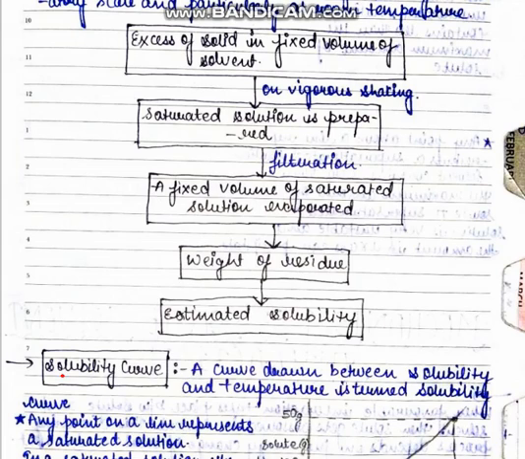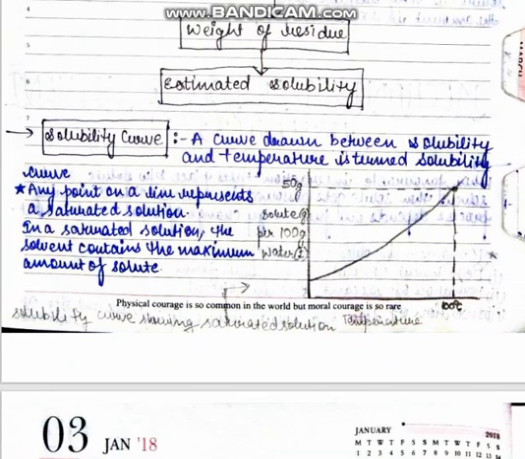The next topic is the solubility curve. Solubility curve is a curve drawn between solubility and temperature. If a curve is plotted against solubility and temperature, this is called the solubility curve. Here on the y-axis the solubility of a particular solute is represented and on the x-axis temperature is taken, and a graph is seen here which is drawn from various experiments.